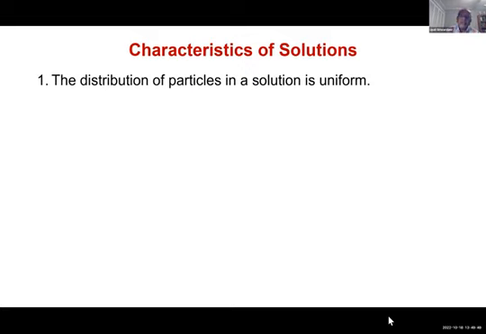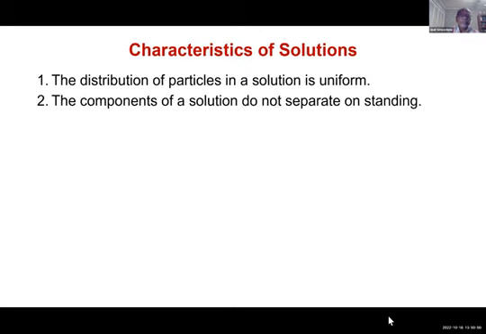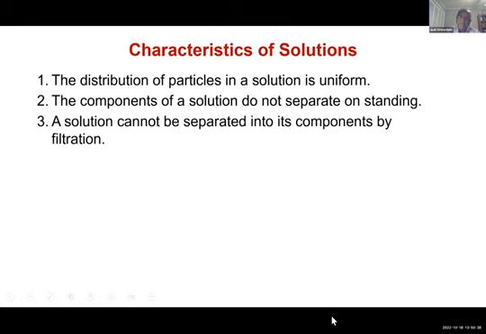In a sodium chloride solution, sodium chloride is present uniformly with water in every part of the solution. Now, another characteristic of any homogeneous mixtures we listed in the previous slide: the components don't separate on standing. If you leave them alone, they stay as they are. They don't settle down. They don't separate.